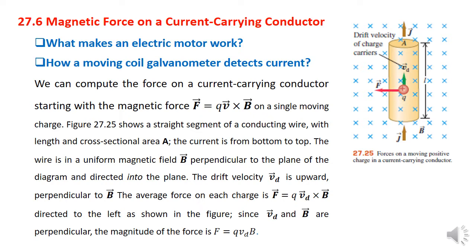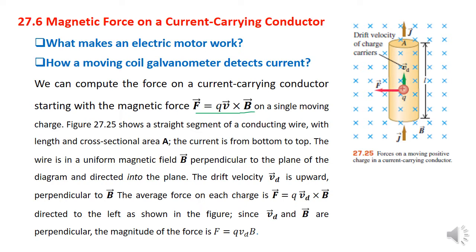So we can compute the force on a current carrying conductor starting with the magnetic force F equals QV cross B on a single moving charge. As we discussed in our previous lecture, the force on a single positive charge moving with velocity v in a uniform magnetic field is given by this expression.